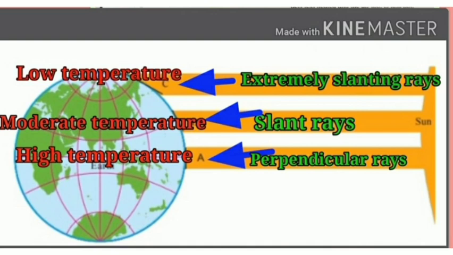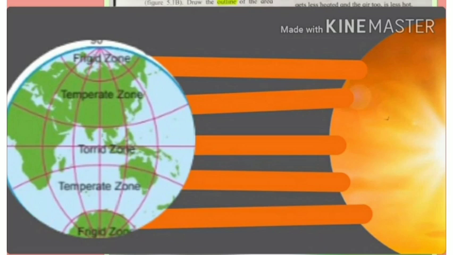So, high temperature in the middle towards the equator, that is from 0 to 23 degrees 30 minutes north and south, torrid. 23 degrees 30 minutes to 66 degrees 30 minutes north and south, temperate. And 66 degrees 30 minutes north to 90 degrees north, the North Pole, and 66 degrees 30 minutes south to 90 degrees south, the South Pole, will be called the frigid zone.